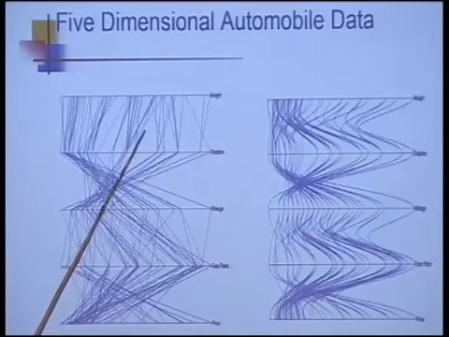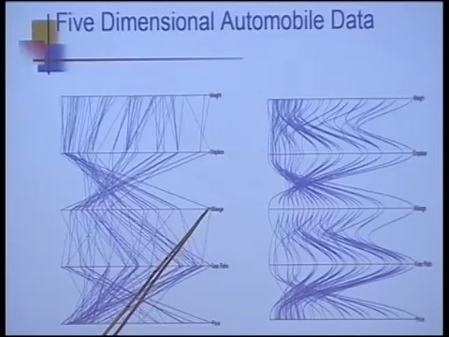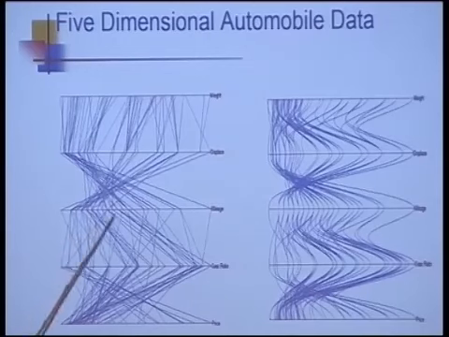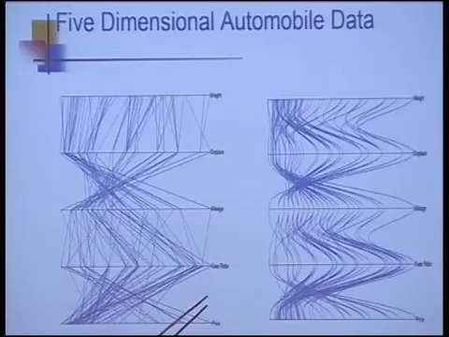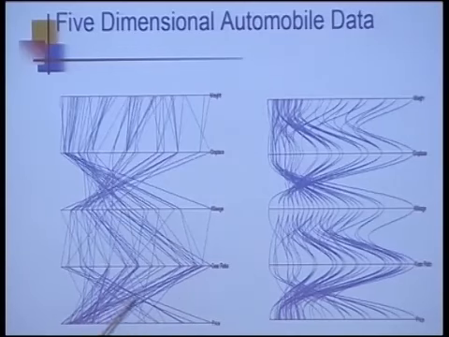The heavy cars with big engines tend to have small miles per gallon, whereas the small cars tend to have large miles per gallon. This is gear ratio and price, and what this is basically saying is that we have a hyperbolic contour on this side, but very expensive cars generally have very low gear ratios.